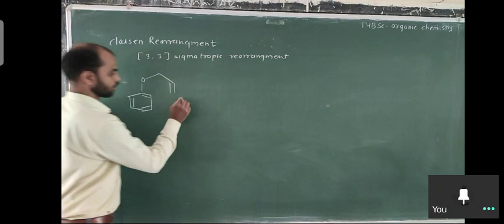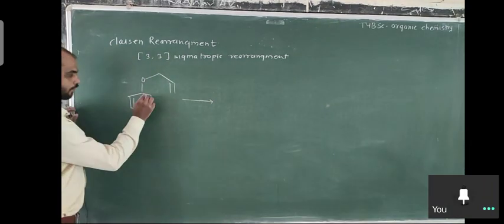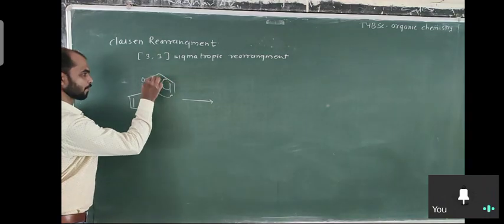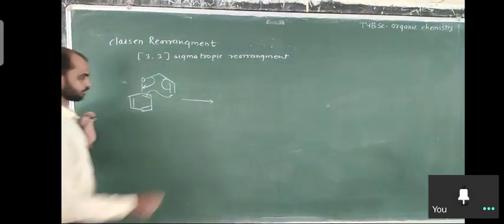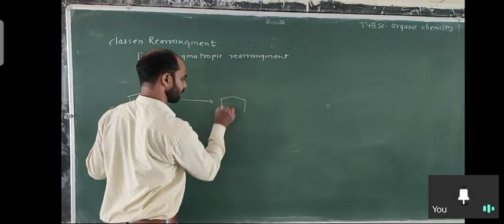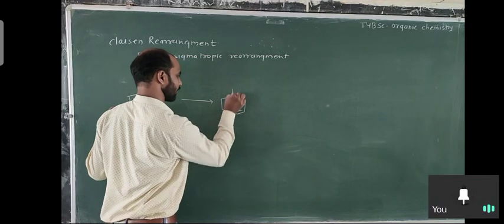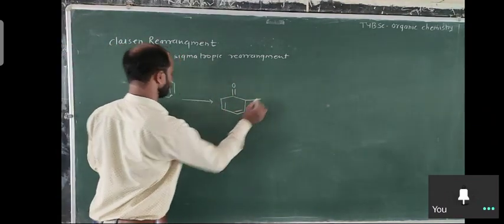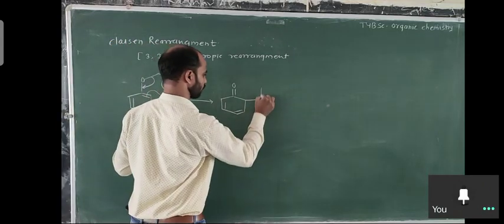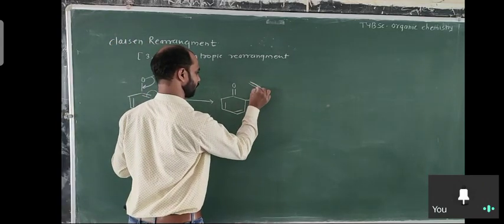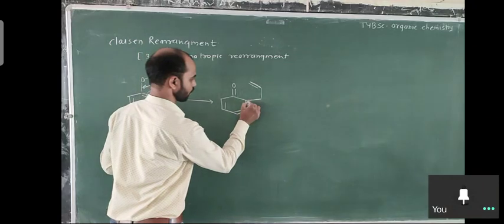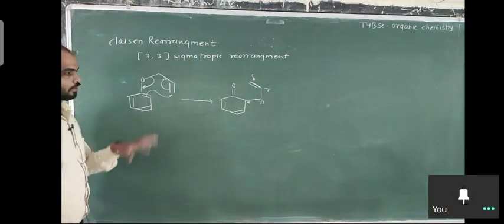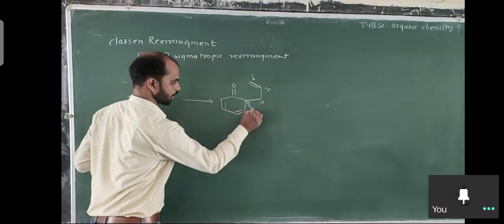Okay, so what happens here, this will attack here, this comes here and formation of double bond. So what we get, here is the double bond, 1, 2, 3. So alpha, beta, gamma, delta. After that here is the hydrogen.